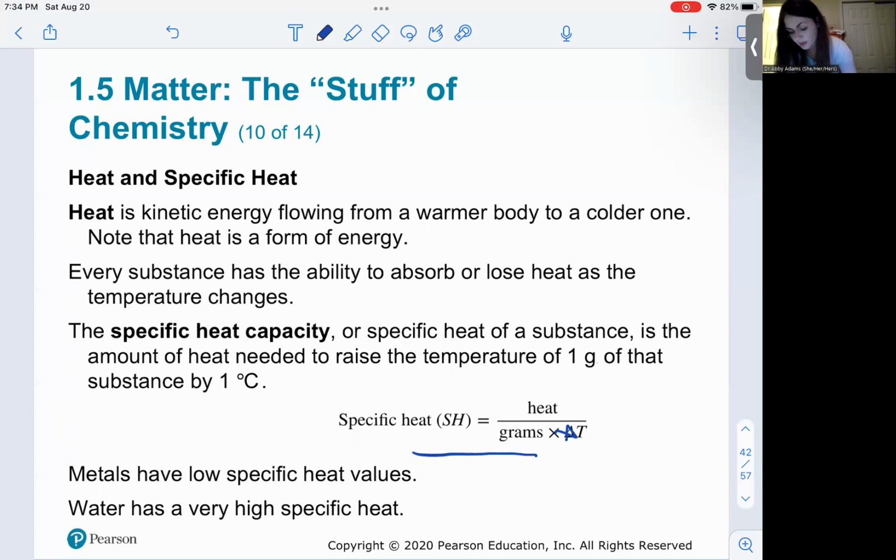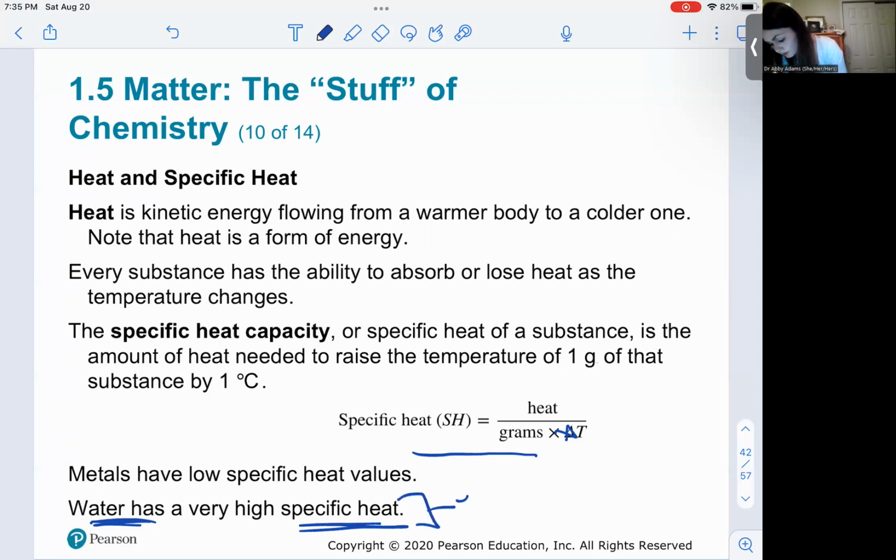Okay, so metals have a low specific heat value. All right, it's easy, and it requires less energy for those metals to change temperature. Okay, and it takes more energy for water to change temperature because it has a higher specific heat. And that's good because your body is made mostly of water, right? So most of what you are made of has a very high specific heat, and you don't want fluctuations in your body temperature, right?